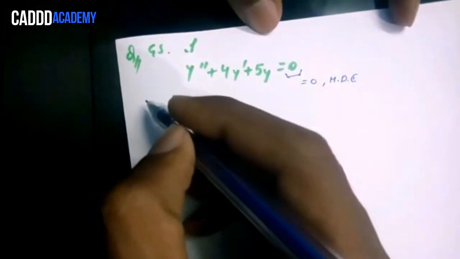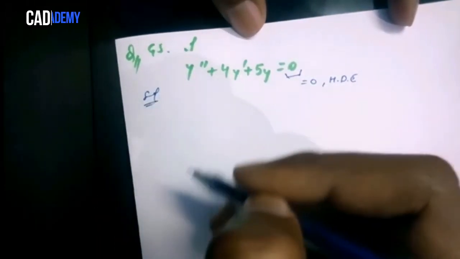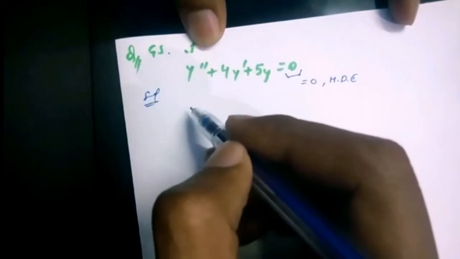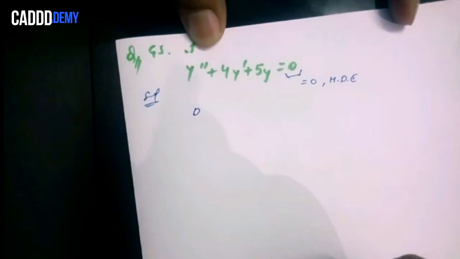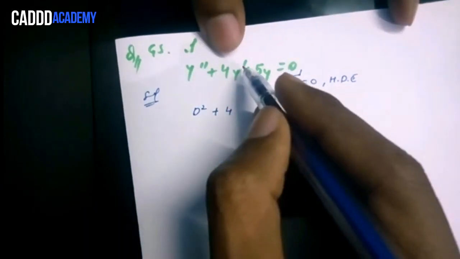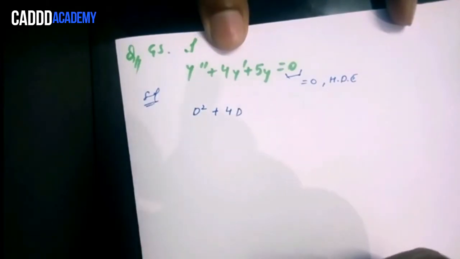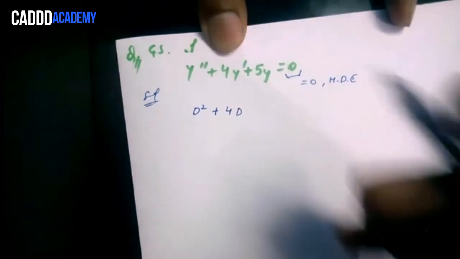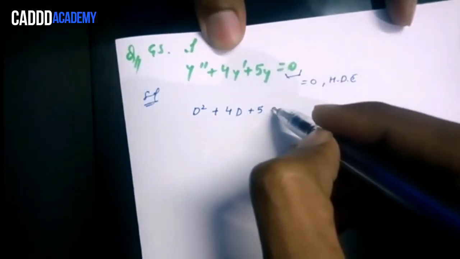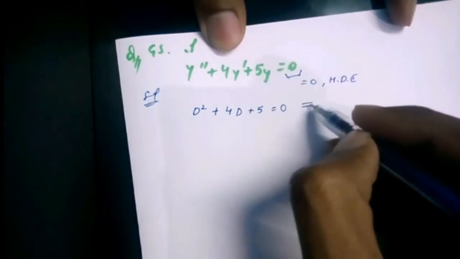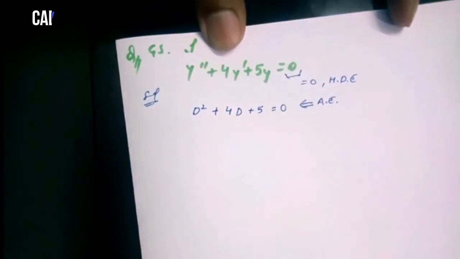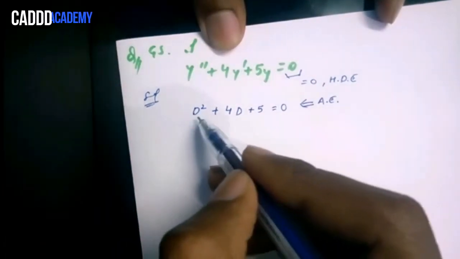Writing the solution, y double dash we write as D square, plus 4 into D for the single derivative, and just a constant for no derivative, is equal to 0. This equation we call the auxiliary equation, where D means derivative.